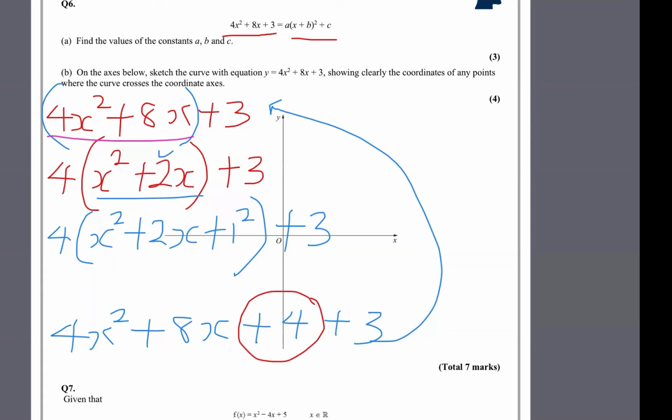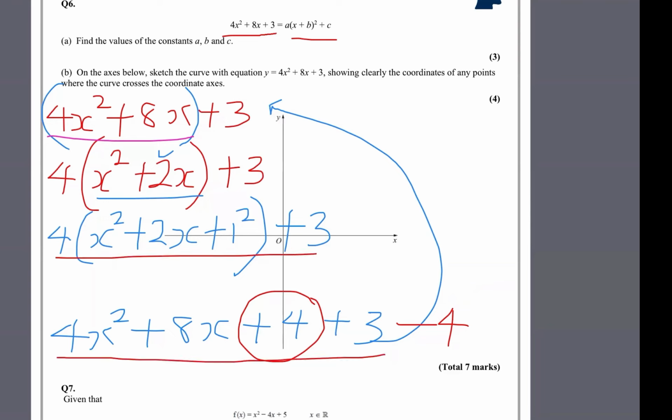So all we need to do to remove the plus 4 is to subtract 4 from the expression. So plus 4 minus 4 would attempt to cancel, and we are back to our original equation, but we won't cancel it. And we would leave it because from this point to this point is what we have here.